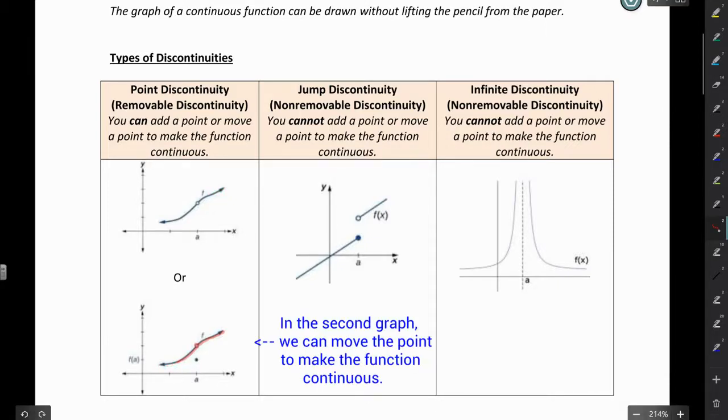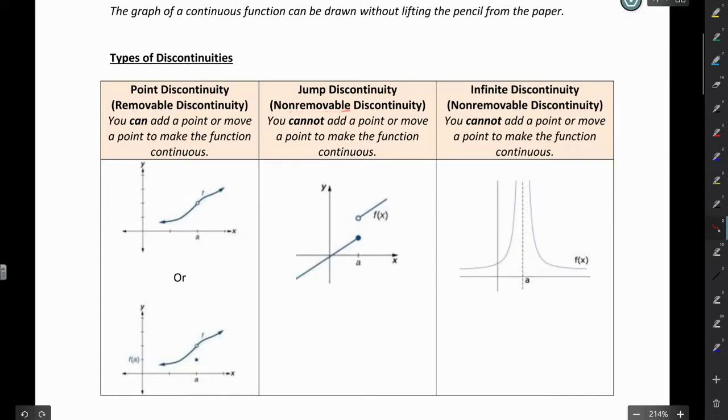The same with this graph. I have removable discontinuity. Now, the next type of discontinuity is jump discontinuity. That's non-removable. You cannot add a point or move a point to make the function continuous. So I can't just put a point right here, for example, and now all of a sudden I don't have to lift my pencil from the paper.